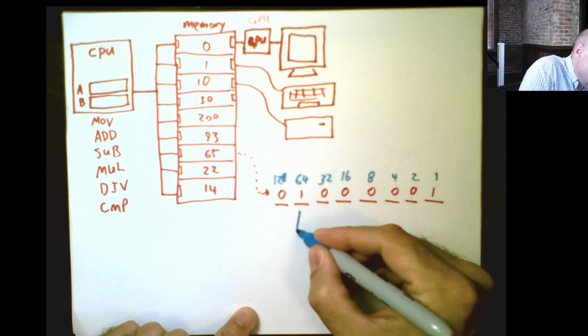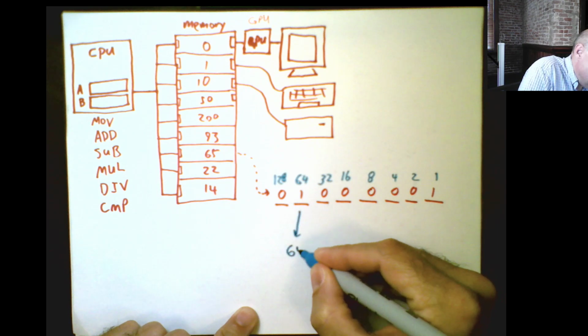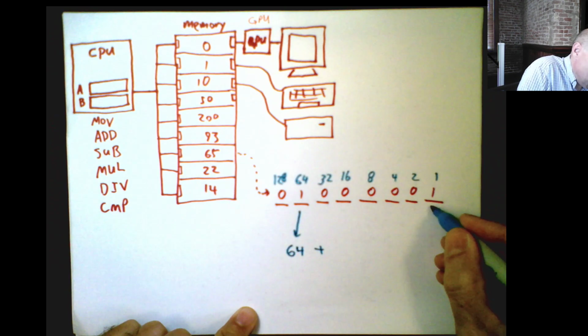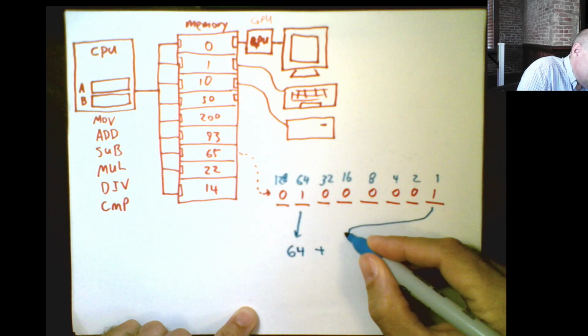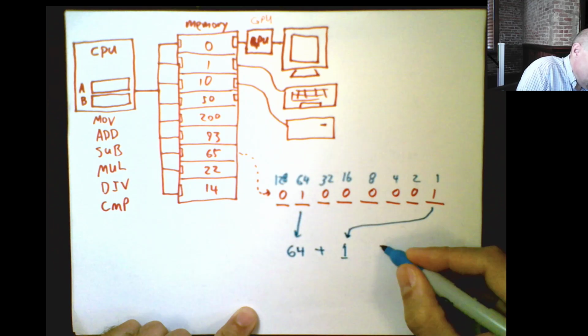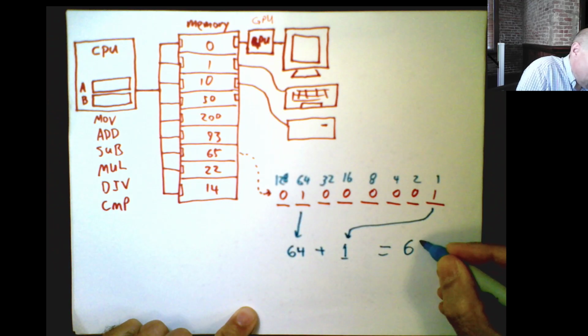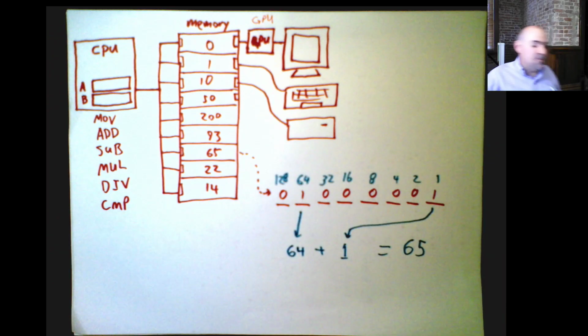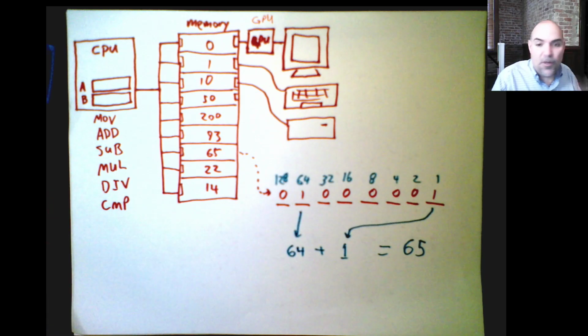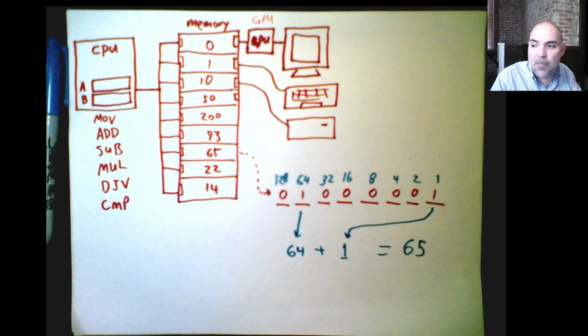If we pull this down, that's 64 plus, we pull this one down where there's a 1, plus a 1, equals 65 in decimal. But in the computer, the binary version of that is 0, 1, 0, 0, 0, 0, 0, 1. Okay. So that's kind of where we had finished up last time.